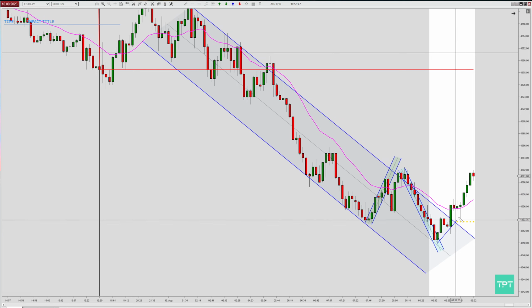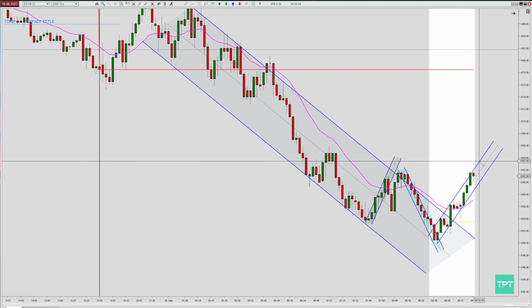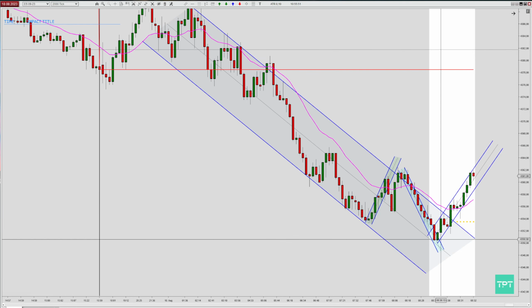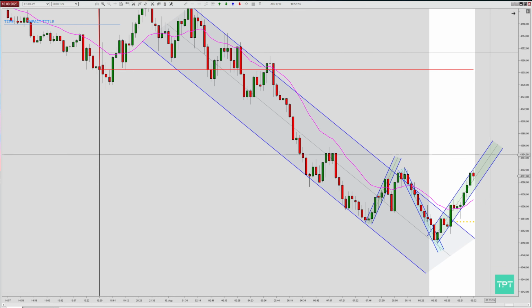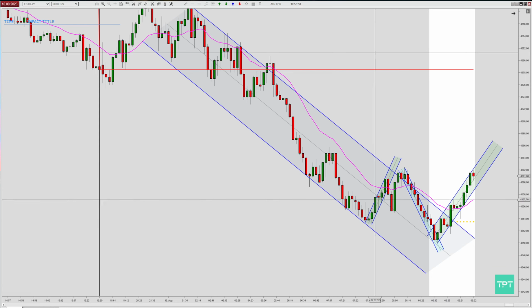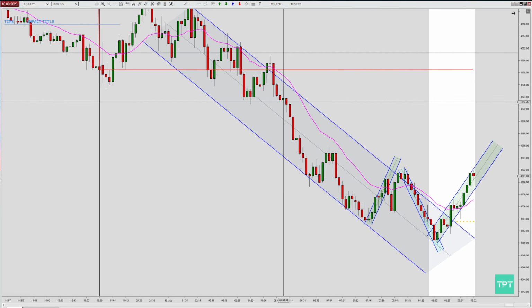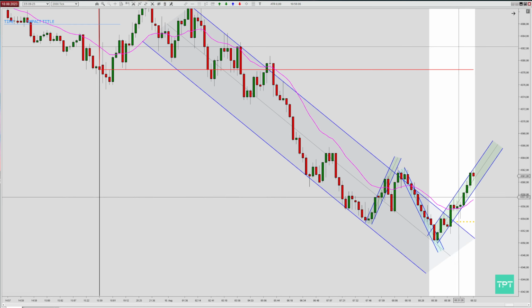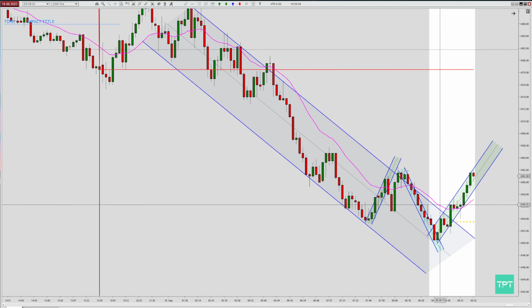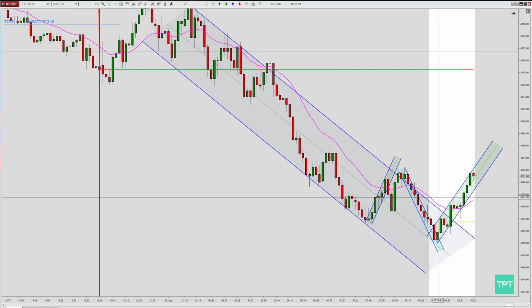Now I can see that this failure here is also confirming the shorter term uptrend channel, which is working higher here now, because you can see something has changed. Prices before were dropping below the EMA, and now we have a strong push above the EMA, and the EMA is supporting the pullback and pushing prices higher.